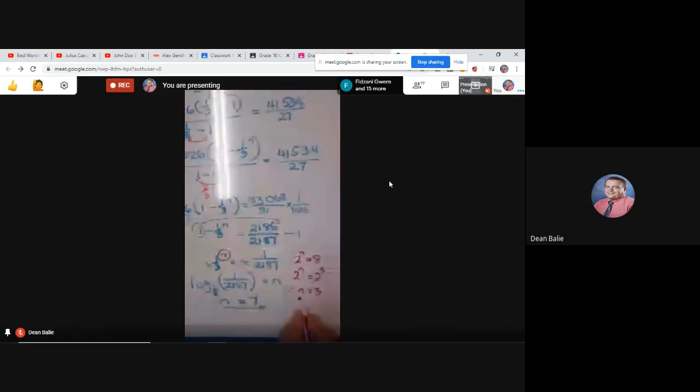Some of you could be a lot brighter than I am and know that 2187 is 3 to the power of 7. I didn't know that. So I needed to use logs, because it was a far easier method than trying to work out what 2187 was as a power of 3.